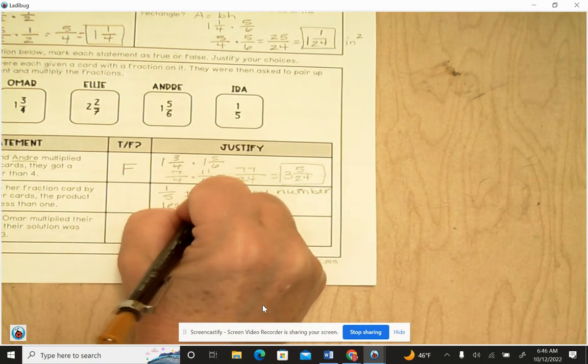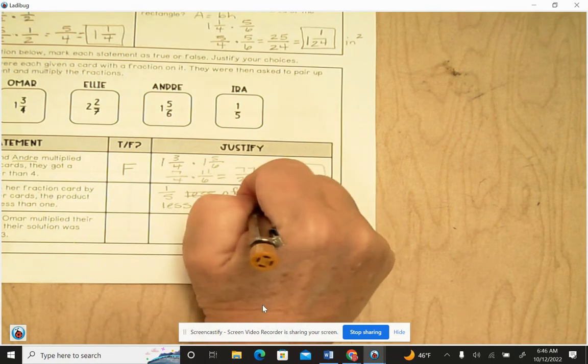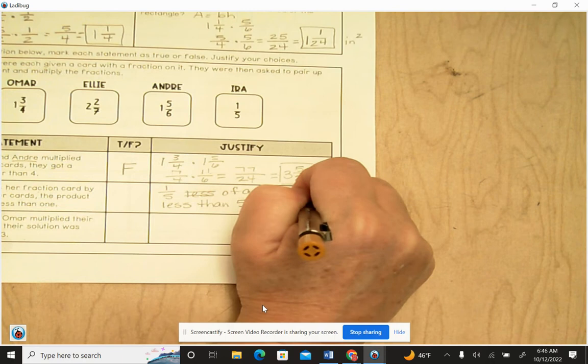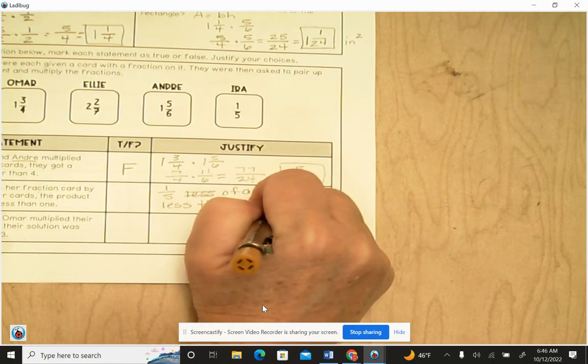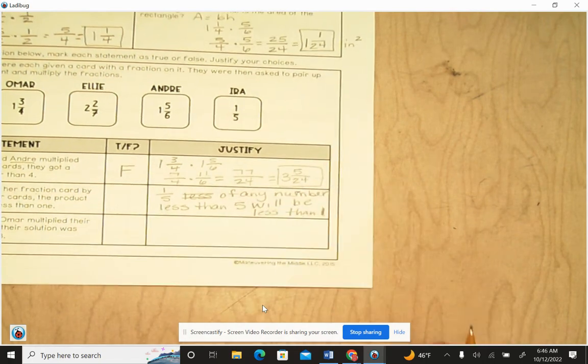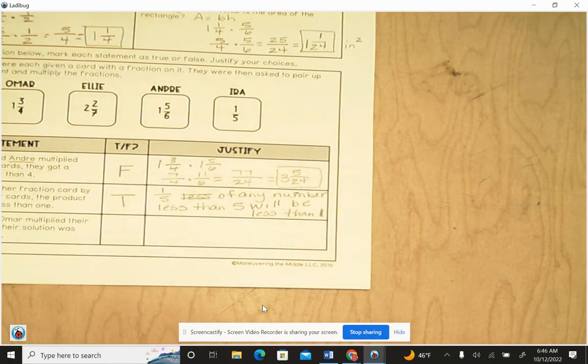Less than 5 will be less than 1. So this one is true.